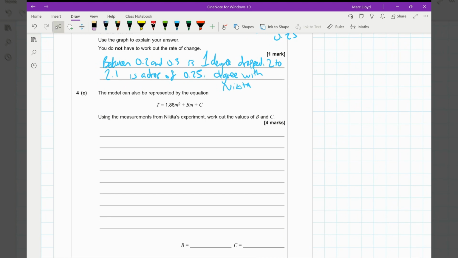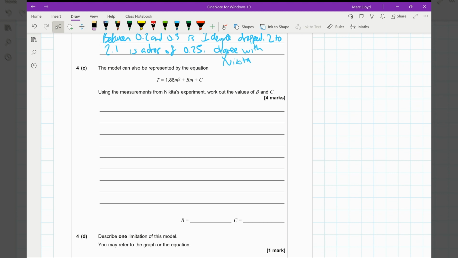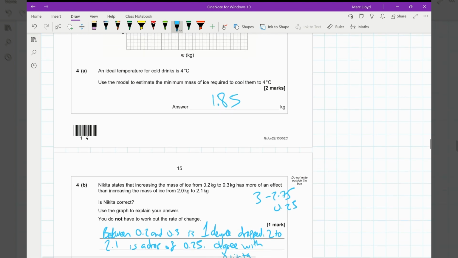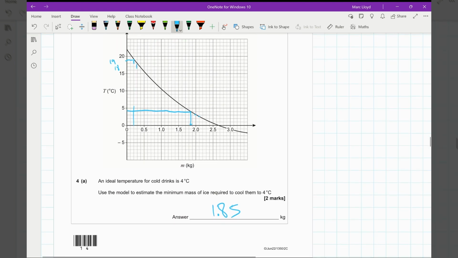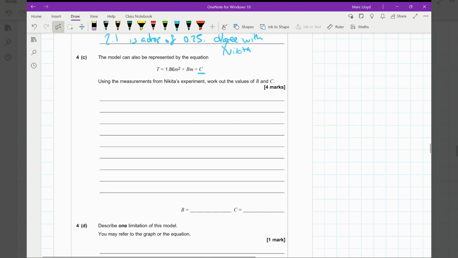The model can also be represented by this equation. Using the measurements from Nikita's experiment, work out the values of B and C. So C is going to be where the graph crosses the y-axis. So where does it cross the y-axis? At 22. So C is 22. And then I want to give you a nice effective way of working this one out.